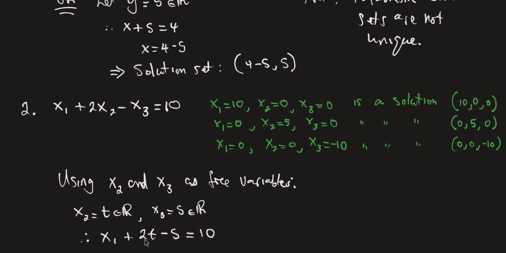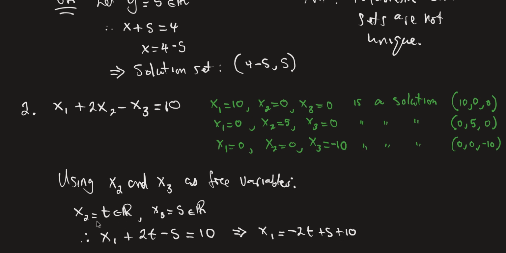In other words, whatever number I put here and then multiply by 2, and then whatever number I have here and subtract it from that result, when I add all of that to x1, I have to get 10, otherwise I don't have a solution. So what does this mean? Well, it's easy to isolate x1. So x1 will be negative 2t plus s plus 10, right?